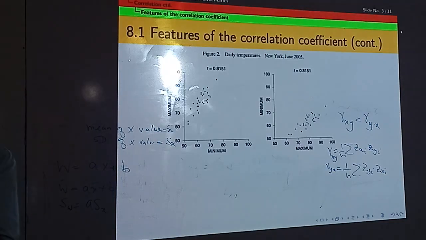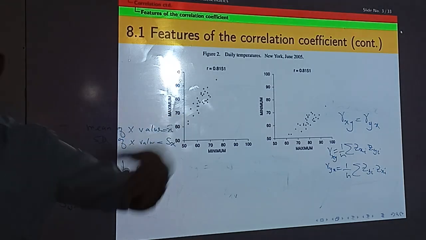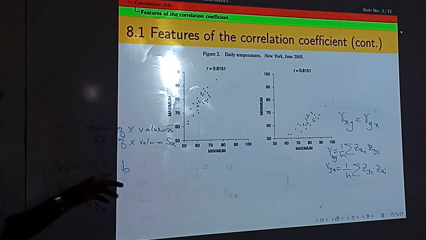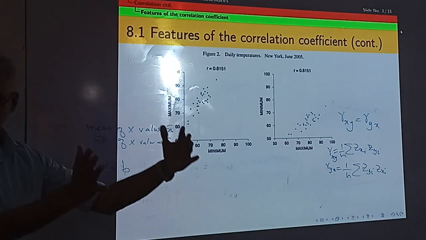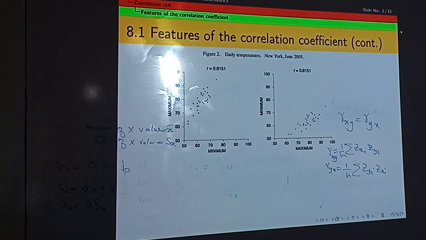So when you add the b value, the graph goes up and down, but the range doesn't change. The same thing when b is 0. When you multiply, of course, the numbers become larger according to proportionality. But when you add a number, the whole thing just shifts to this side without changing the dispersion.